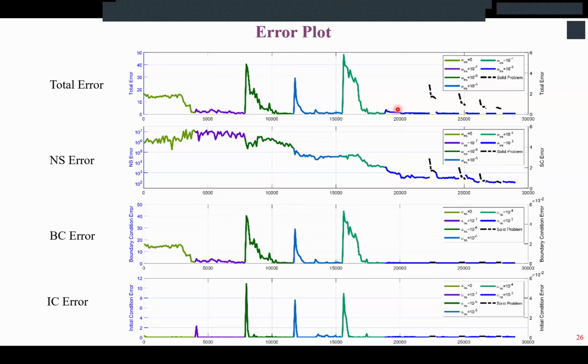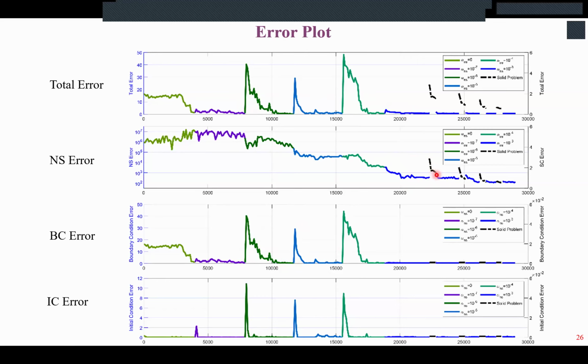After we increase alpha ns to some stage, we can say the Navier-Stokes residual errors are kind of converged. That means now we need to do the alternations between the solid and fluid. So we just do the alternations.